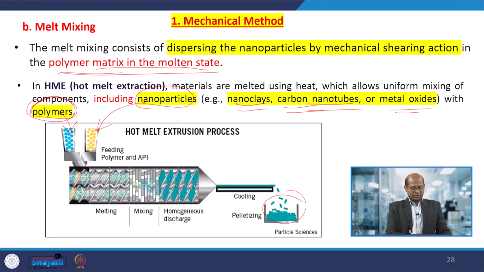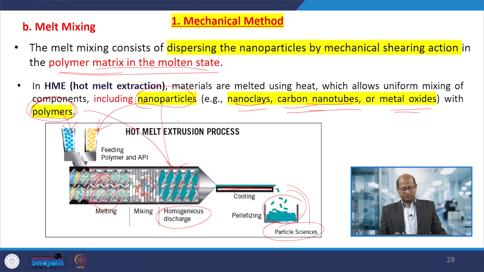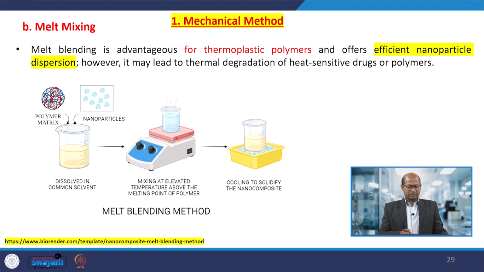So we can mix by melting at high temperature, and then a homogeneous mixture of polymers and nanoparticles will form. Okay. And if we cool down rapidly, then amorphous smaller particle formation occurs, or if it is slow cooling, then crystalline composite materials may form.